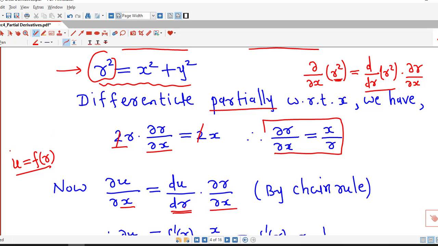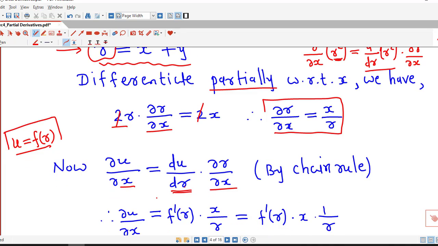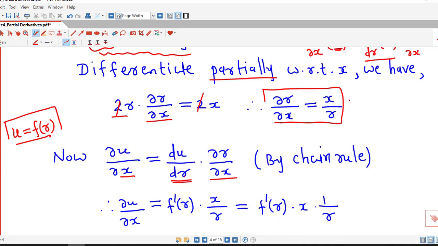Now we are not given the formula for u in terms of r. So u is an arbitrary function of r. So we will write du by dr equal to f dash r, and the value of del r by del x is x by r. So we have del u by del x equal to f dash r into x into 1 by r.